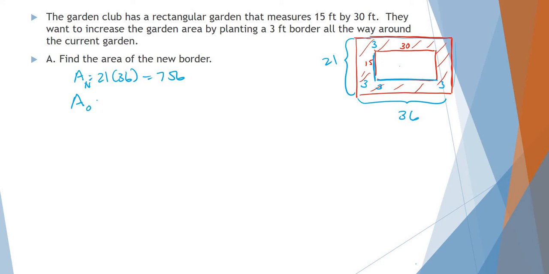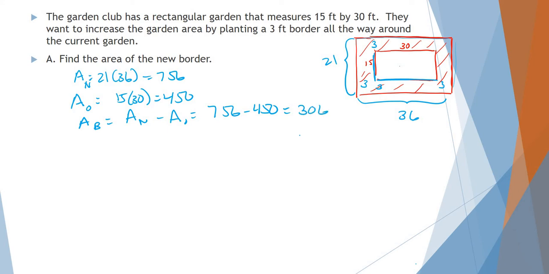The area of the old garden is 15 by 30, so that's going to be 450. And the area of just the border would be the area of the new garden, the whole thing, minus the area of the old garden. So 756 minus 450, that looks to me like 306. And that's going to be square feet because it's area.